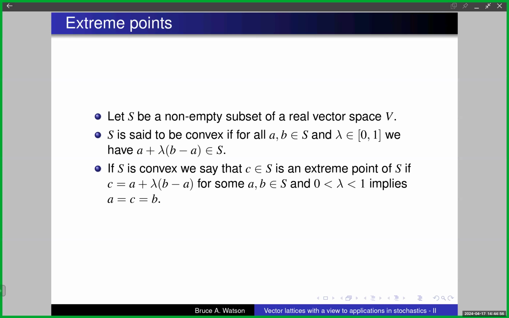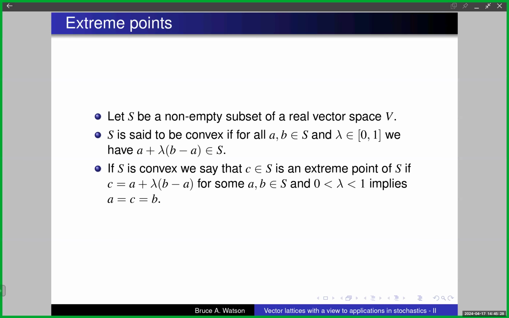If we have a set S, which is a non-empty subset of a real vector space, we say that it is convex if the line segments between any two elements of S live entirely in S. In other words, A plus lambda times (B minus A) is in S for all lambda between 0 and 1. So that is what convexity means.